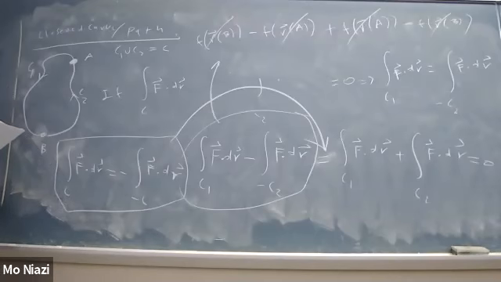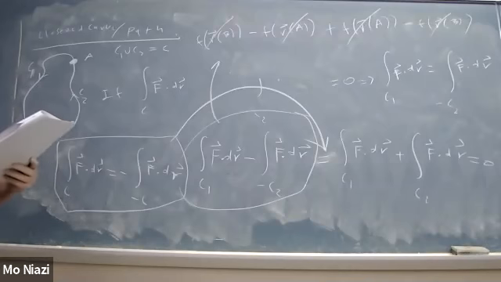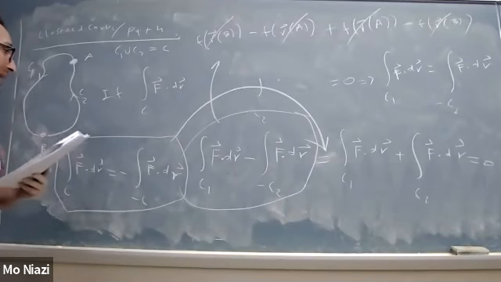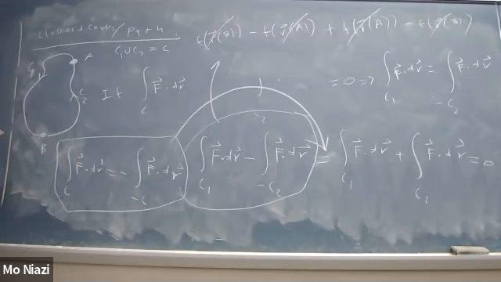Okay, what does this mean? Well, it means conservative vector field implies path independence, and path independence implies conservative vector field.